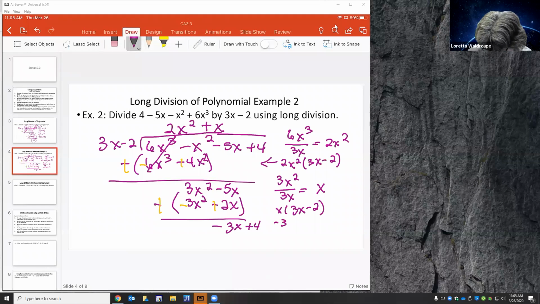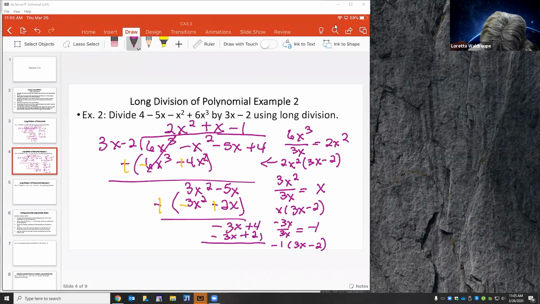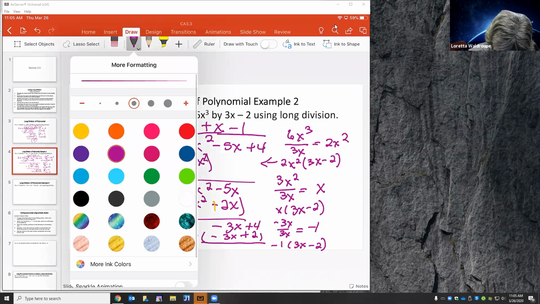So it's negative 3x divided by 3x. That's negative 1. And then negative 1 times 3x minus 2, subtracting and changing my signs.